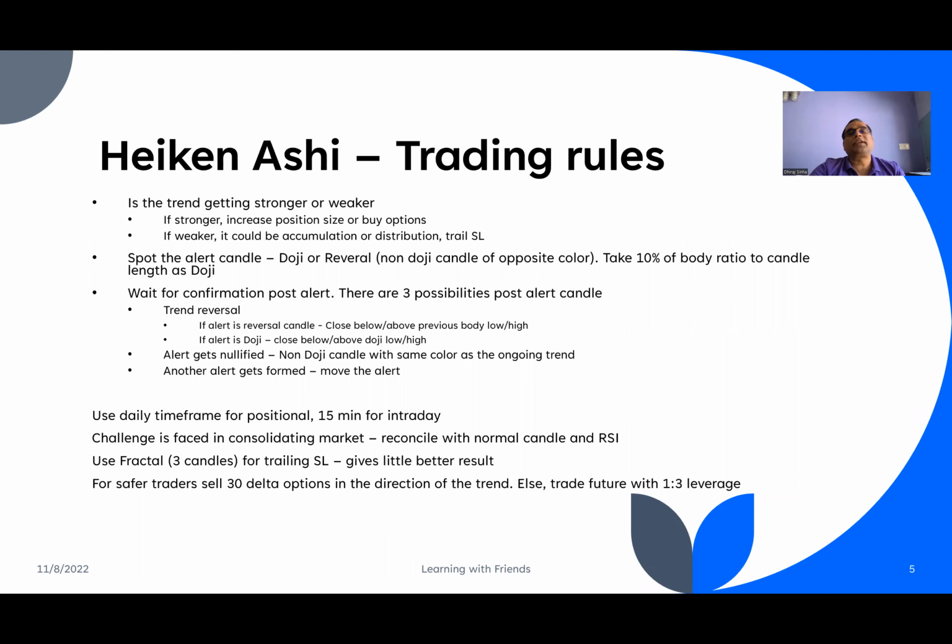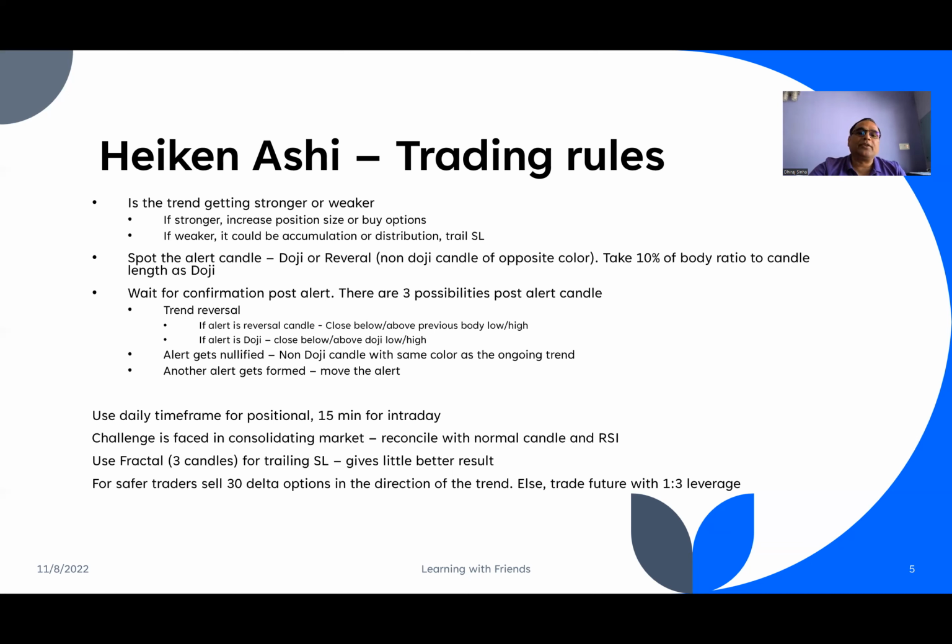And of course, in a long trade, it will be opposite: close above the body close of the reversal candle. Essentially you were long or short, and now you are changing the direction. To change the direction, first you waited for an alert candle, and then you are now getting a confirmation. Confirmation rules are different if it is a reversal candle or a doji candle. In case of a reversal candle, you compare with the body high or low.